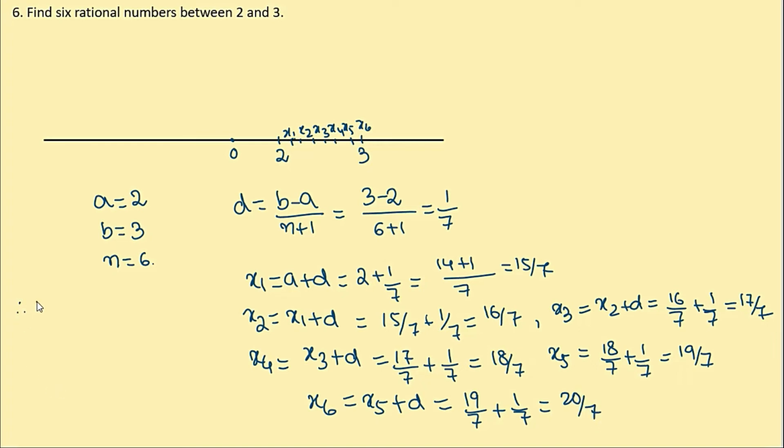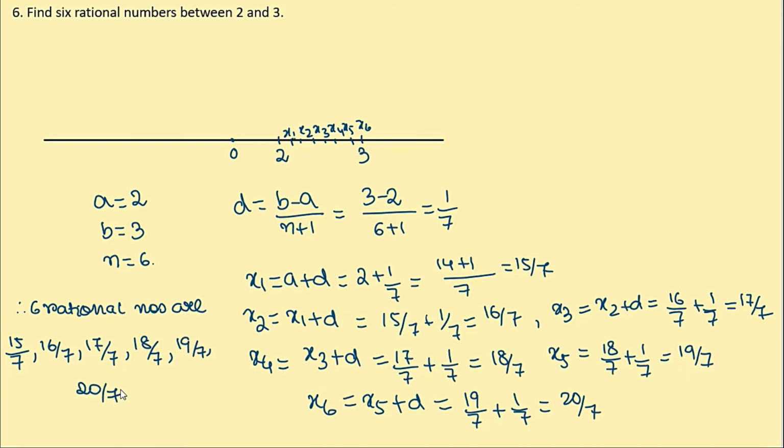So, therefore, 6 rational numbers are 15 by 7, 16 by 7, 17 by 7, 18 by 7, 19 by 7 and 20 by 7.